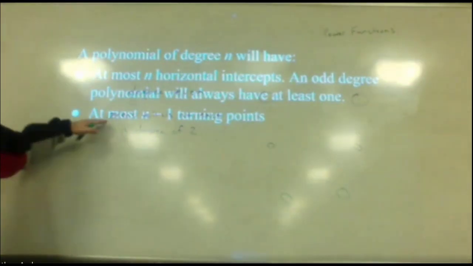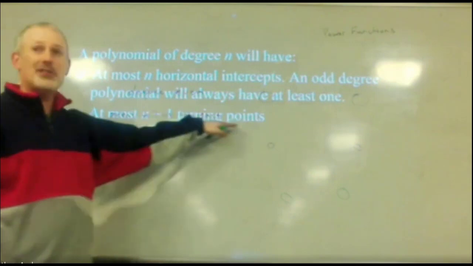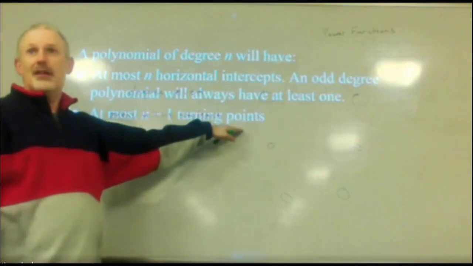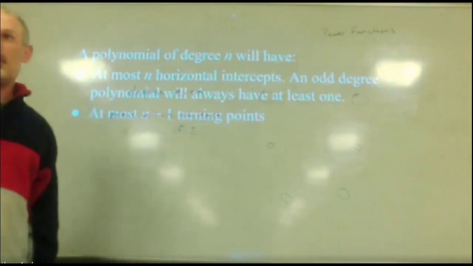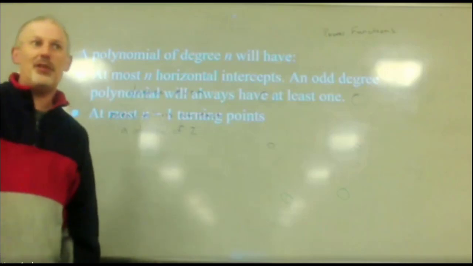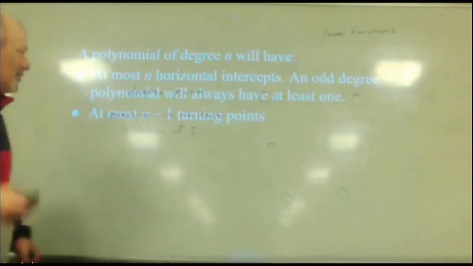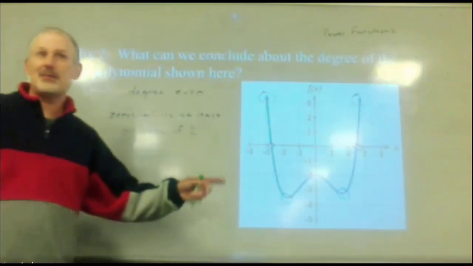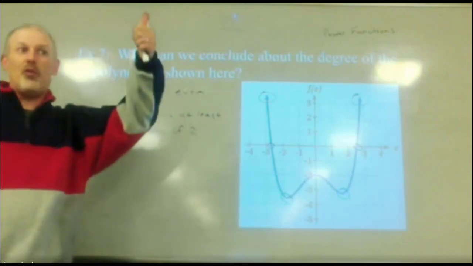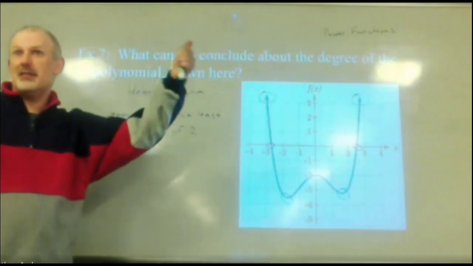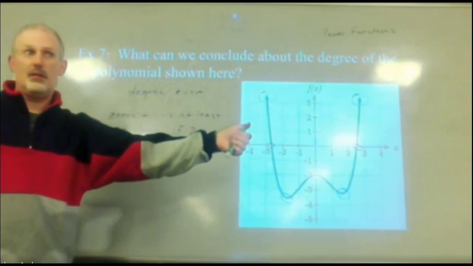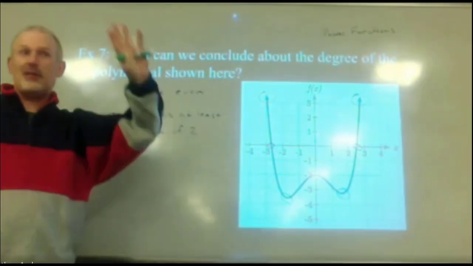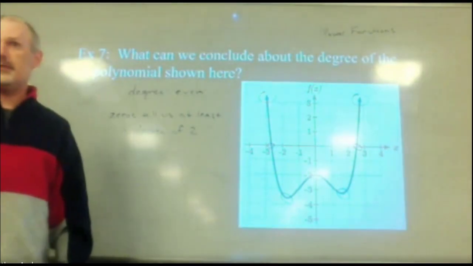You can't see it anymore. But it says at most n minus 1 turning points. So if I've got a degree of 10, I could have 9 turning points. If I've got 3 turning points, I know the degree has to be at least 1 more than that. The degree has to be at least 4. Right? Because if your degree is 4, you could have at most 3 turning points.